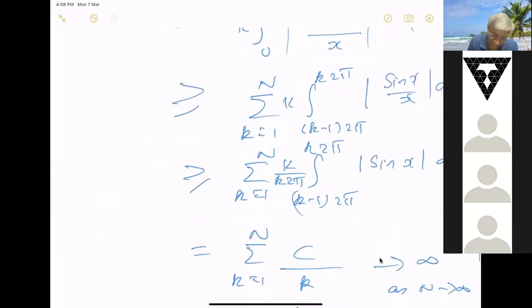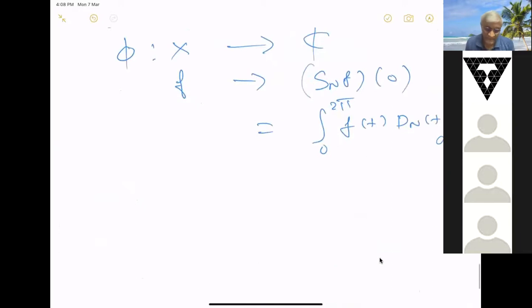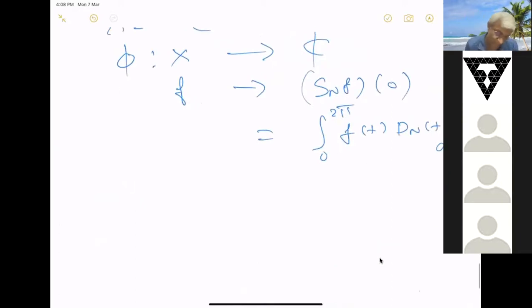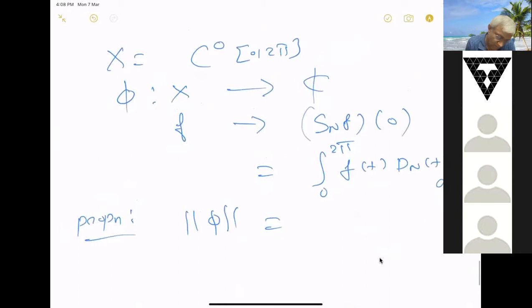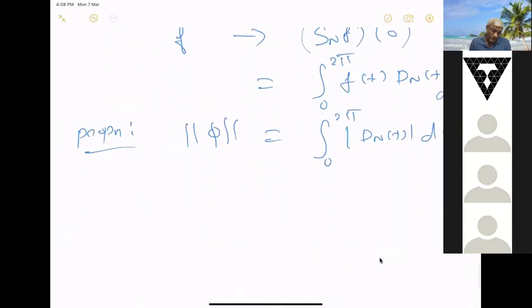So this is certainly a bounded linear functional. Then we have the following proposition: norm of phi equals the integral 0 to 2 pi of the modulus of D_n(t) dt. This is our claim in the proposition. So let's prove it.